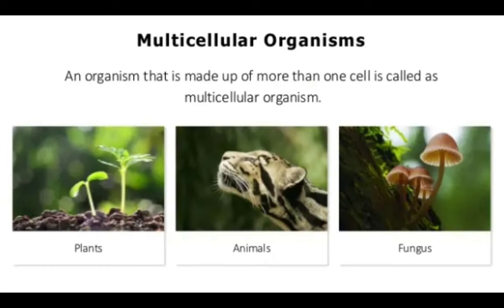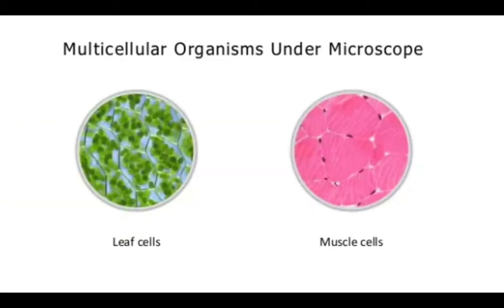Common examples are plants, animals, fungi, etc. On the left side you can see a leaf cell, of a multicellular organism. And on the right side you can see the muscle cell in our body.